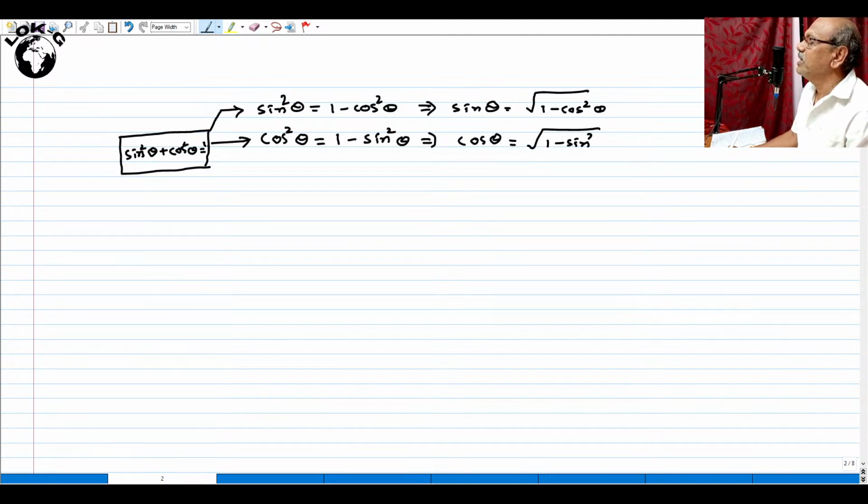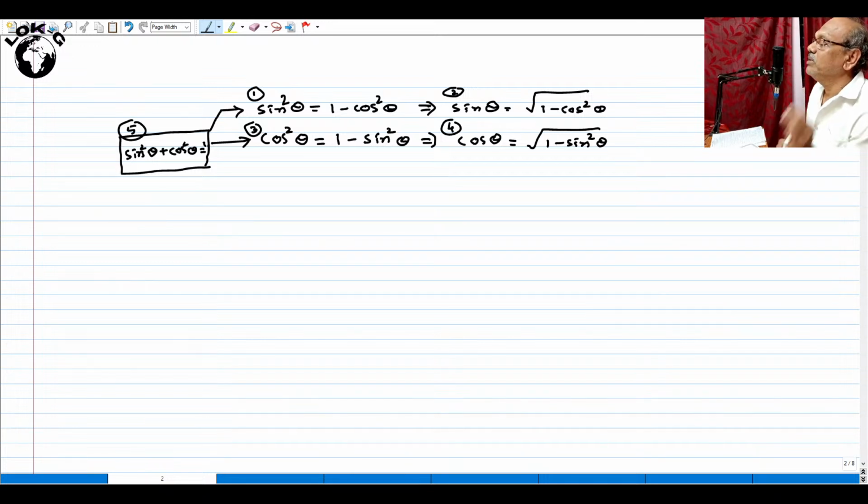Remember all these as separate formulae. Recall, this is the original formula. We have written first, second, third, fourth, and this one is fifth. All these 5 must be there in your mind before you start solving the problems.